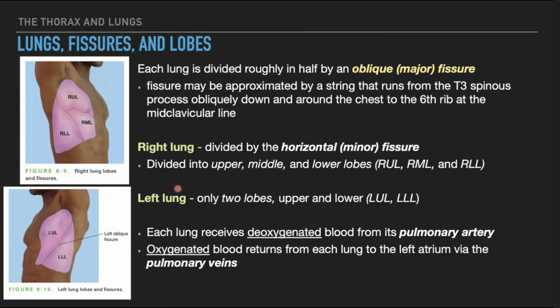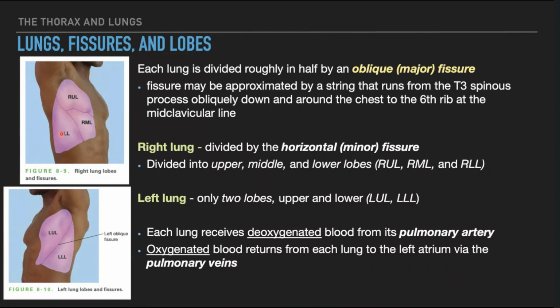There's a difference between the right and the left lung, because the right lung is divided by the horizontal or minor fissure, and it's divided into the upper, middle, and lower lobes. So right upper, right middle, and right lower lobe. So the oblique fissure and the minor fissure of the right lung, and this is the left oblique fissure.